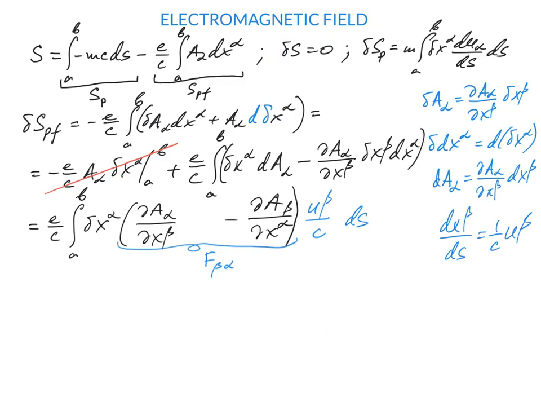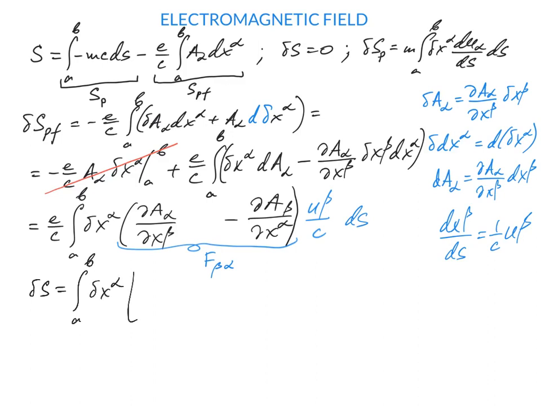So we need to collect the two terms, the term with delta S_p and delta S_pf. When we collect them, delta x alpha is outside of the brackets in both terms. So let's actually write it down. So the full variation of the action, delta S, we have integral from a to b, delta x alpha.